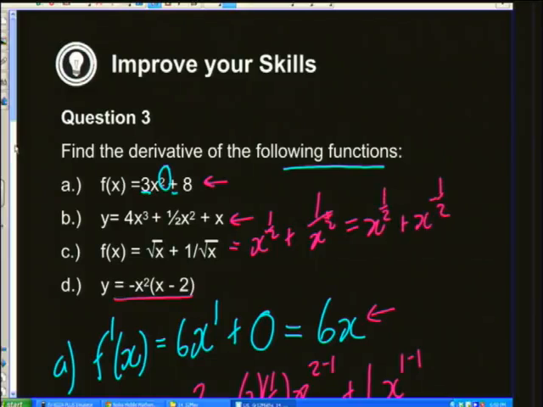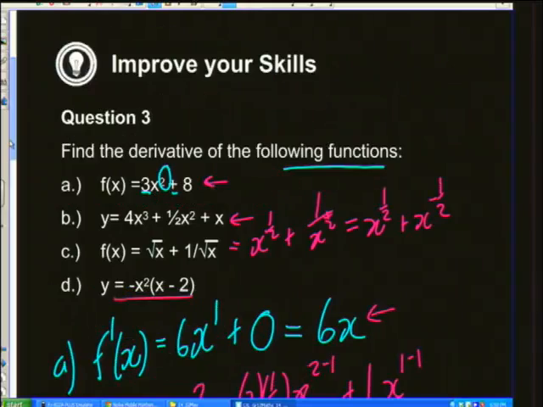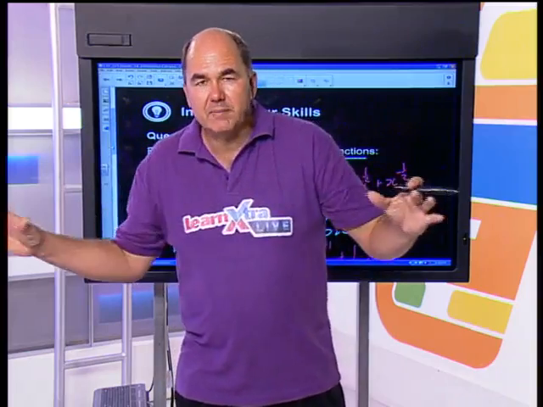And now you just apply the rules. So once you've got that, it's easy enough to apply the power rule. Now, this is the most important one, because it's minus x squared times x minus 2. Guys, you can't do anything with that on its own. You've got to expand it out, and then take the derivative of each step.